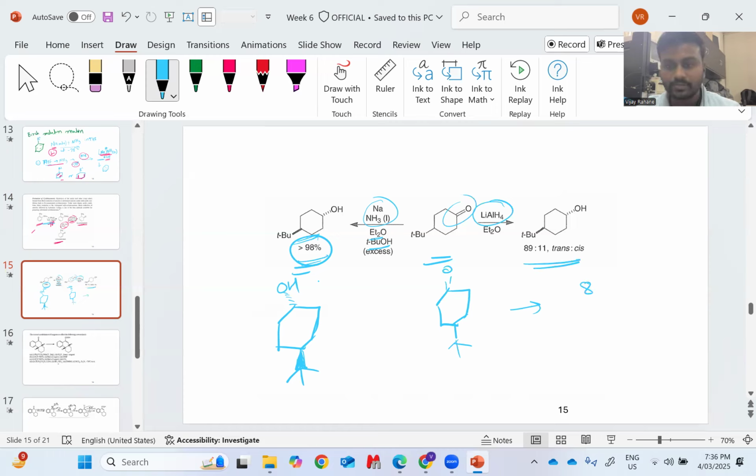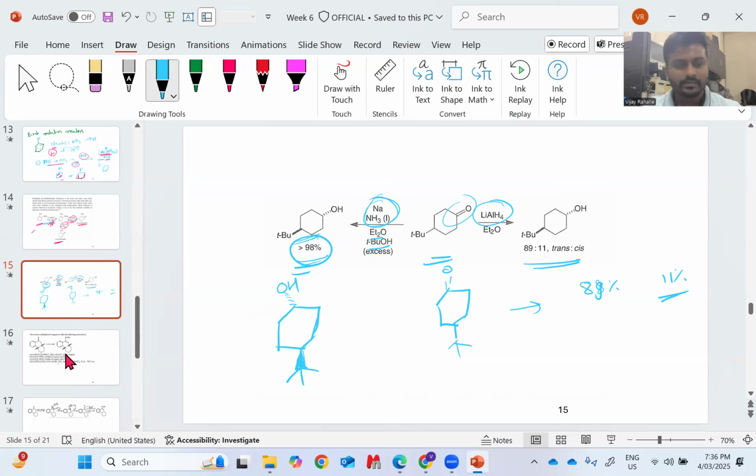So it's less stereoselective, but lithium in ammonia is highly stereoselective. So you can see how this sodium in liquid ammonia, that kind of Birch reduction condition, is also utilized for the reduction of the ketone stereoselectively. So you can use this reagent condition as well.